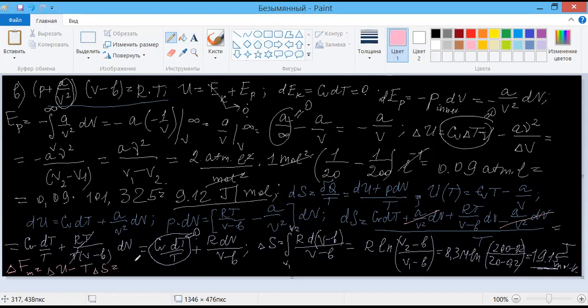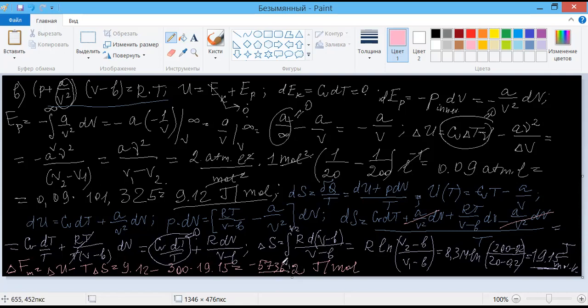But we have calculated delta U, which equals 9.12 minus the temperature, which is 300 kelvins, times 19.15, and we got minus 5,736.2 joules per mole. This is the final answer.